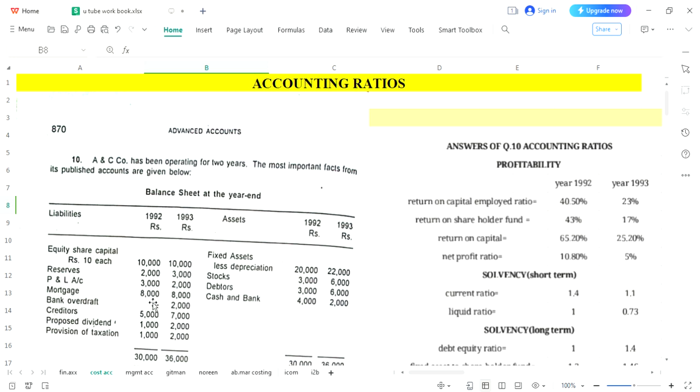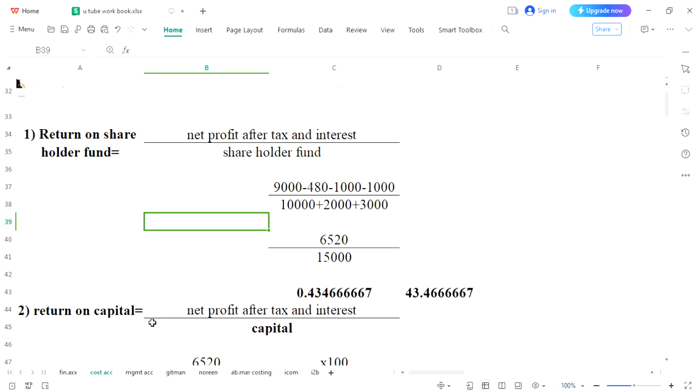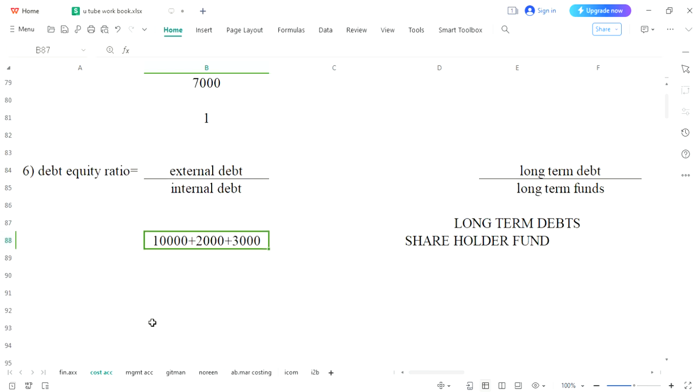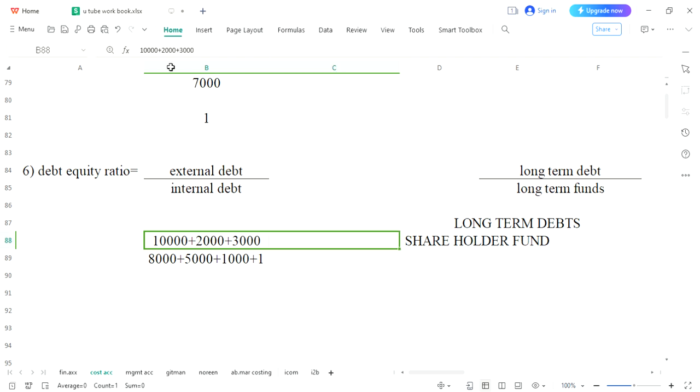So we have 8511. So here we will put 8, 5, 1, 1. So guys, in this way our calculation for external and internal debt has been completed, but I think we need to make more space because the denominator is not visible.